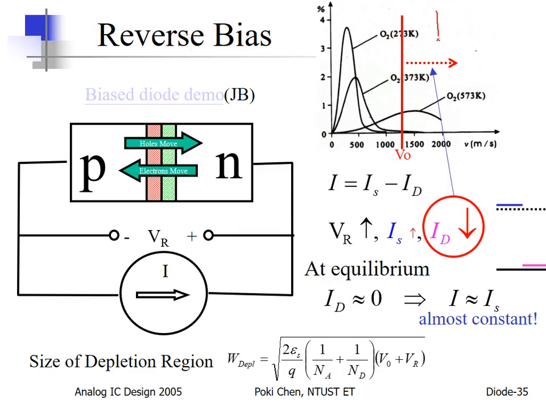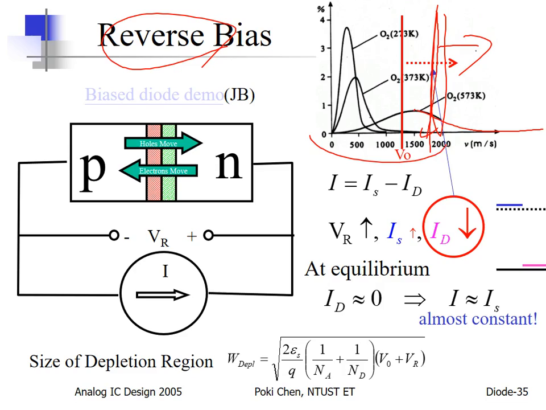If you are already here and you apply reverse bias to the right, you can see the exponential decay. That is exponential decay. So if you push the barrier of the depletion region to the right, the barrier energy becomes larger, which means much fewer carriers can move to the other side.